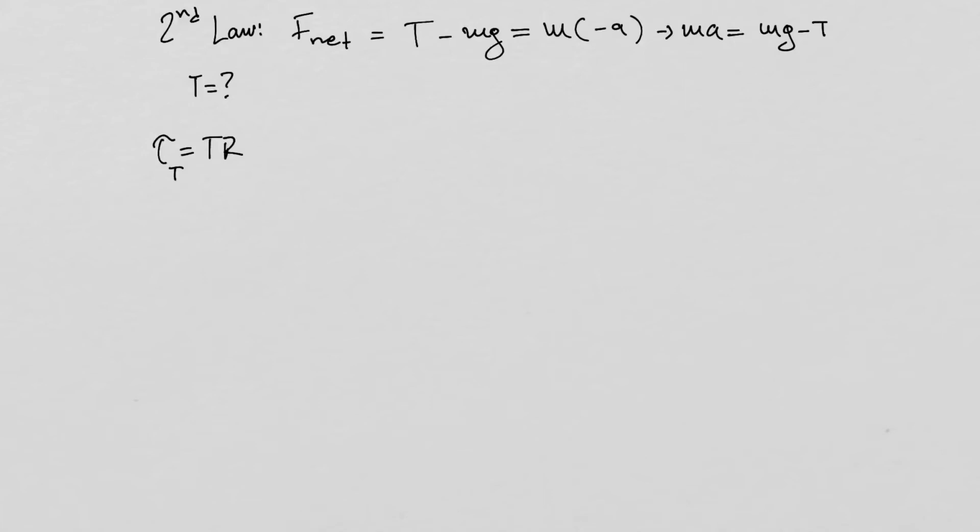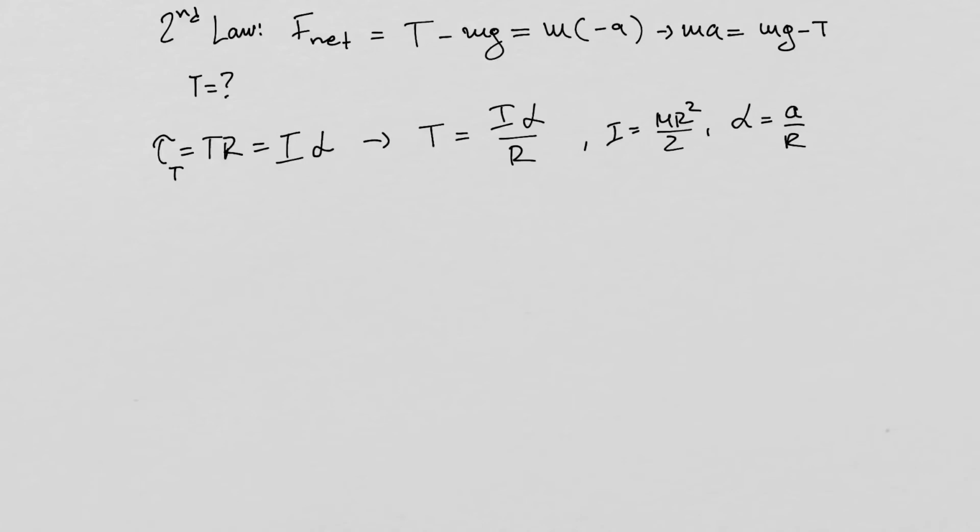And this torque is equal to the magnitude of the tension force times the radius of the disk. The torque is also defined as the product of the moment of inertia of the disk and the angular acceleration of the disk. So then I can rearrange the terms again and express the tension in terms of the moment of inertia, angular acceleration, and the radius of the disk.